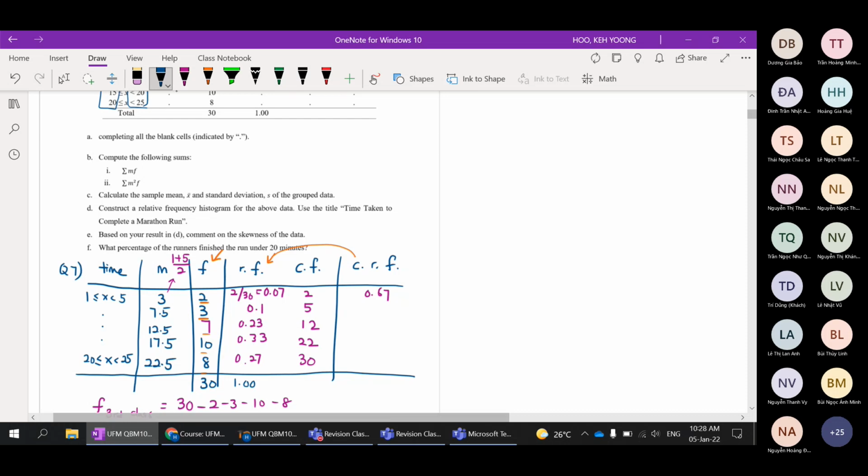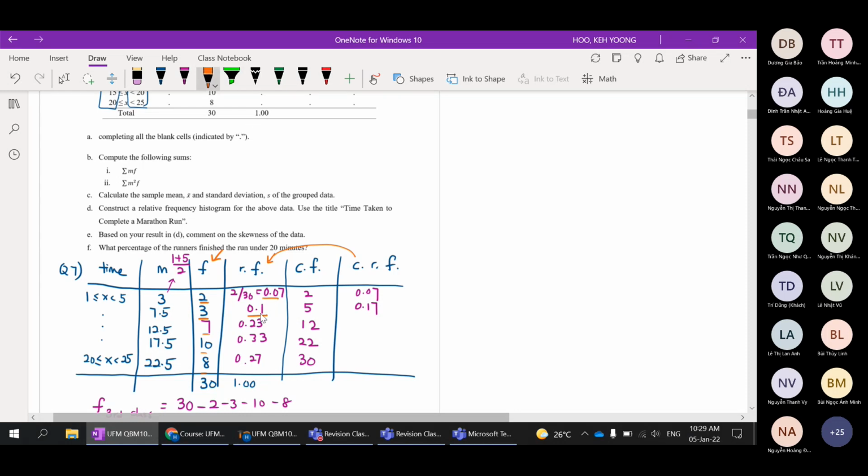0.07. Or else the value is too big, right? So here 0.07. For the second class, you take 0.07 and add 0.1, so 0.17. Accumulate.